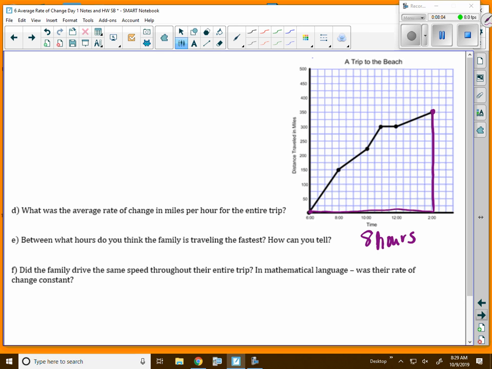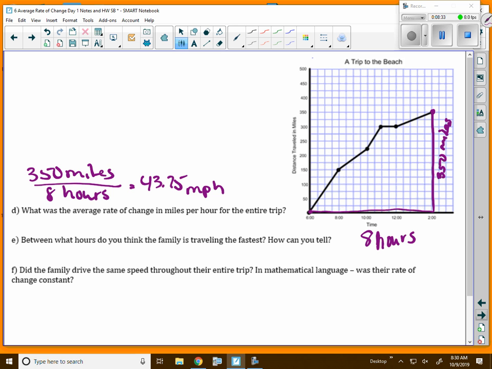And then a total of how many miles? 350 miles. All right, so 350 miles divided by 8 hours. Who has their calculator out? 350 divided by 8. It's not going to be nice. 43.77.